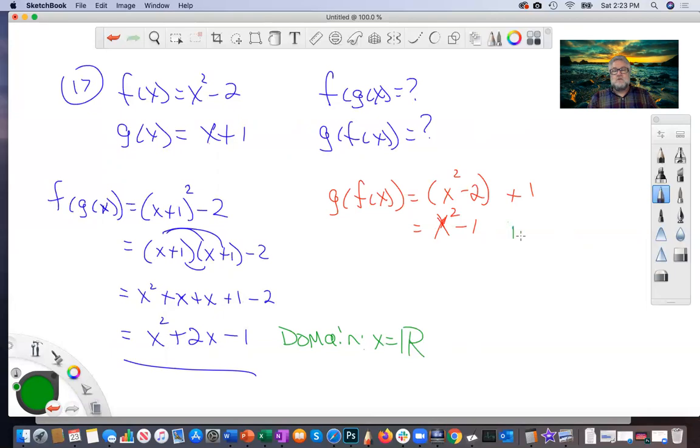Over here, domain. Can I divide by 0? Nope. Can I take a square root of a negative number? Nope. So this is fine. The domain is still all the real numbers. Okay? That was fun. Okay.